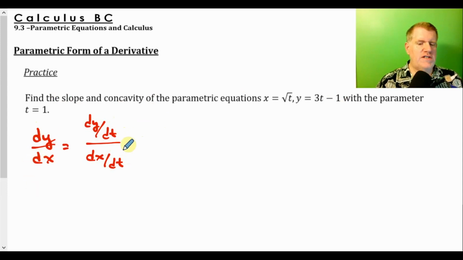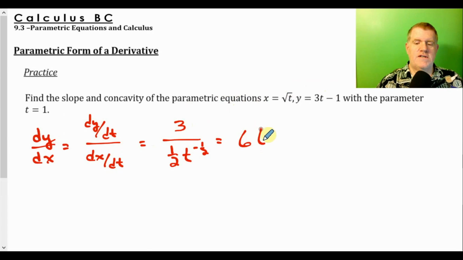You can see the dt's would cancel out and be left with dy over dx. So what is dy over dt, the derivative of y with respect to t? Well, it's just 3. And the derivative of x with respect to t? We get the square root of t, so it's 1/2 t to the negative 1/2. After simplification, we get 6t to the 1/2. That's dy over dx with respect to t.